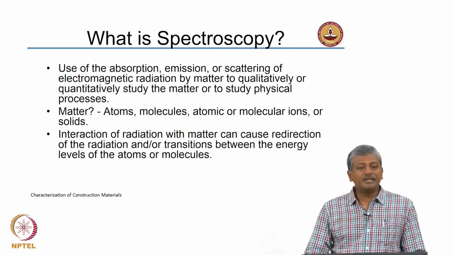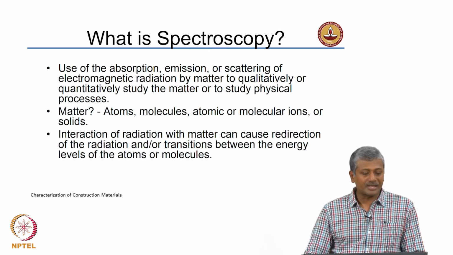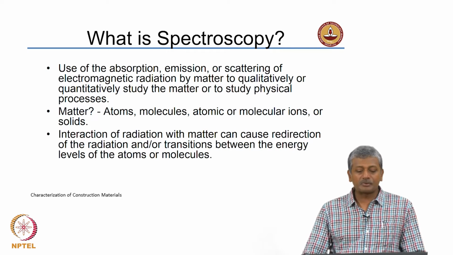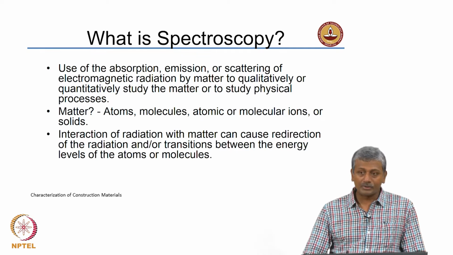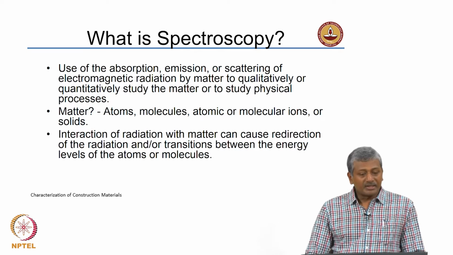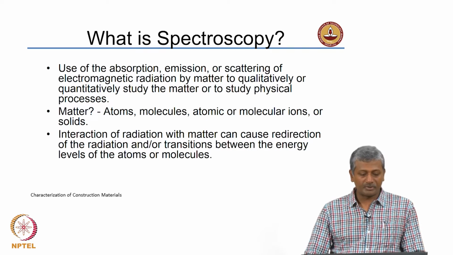So, generally spectroscopy is nothing but the use of absorption, emission or scattering of electromagnetic radiation by matter, which could be atoms, molecules, atomic or molecular ions, or even solids, right, for that matter, to quantitatively study the matter or to study physical processes that are ongoing inside the material that you are trying to observe. Okay.